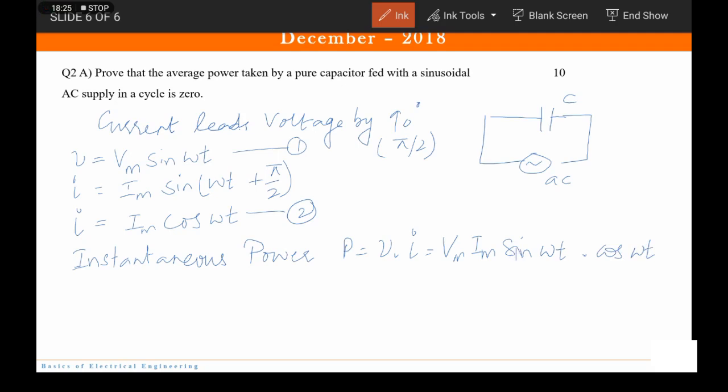So sin A cos A, that is half sin 2A. So it becomes Vm Im by 2 sin 2 omega t. So this is instantaneous power. So this is equation number 3. Fine. So we have calculated the instantaneous power.